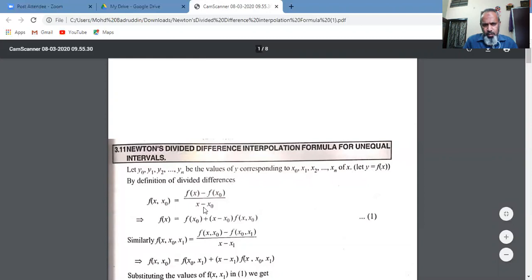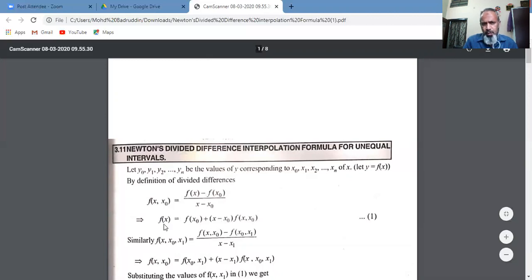Here, if you do cross multiplication, we get f(x) − f(x0) = (x − x0) f(x, x0). So f(x) = f(x0) + (x − x0) f(x, x0). This is the first order divided difference.